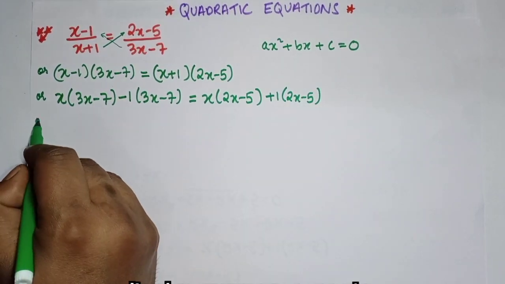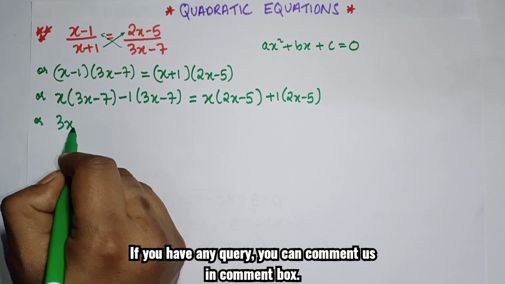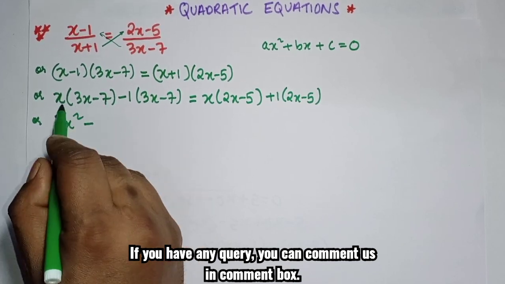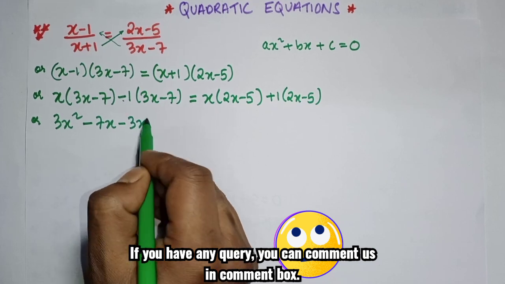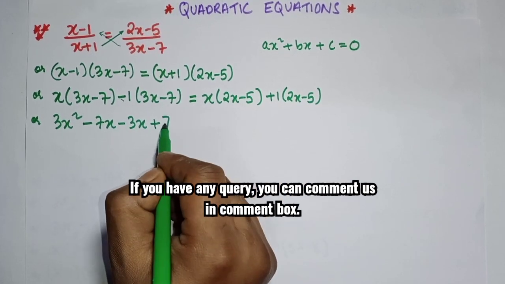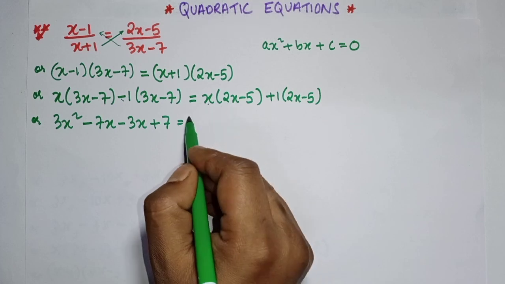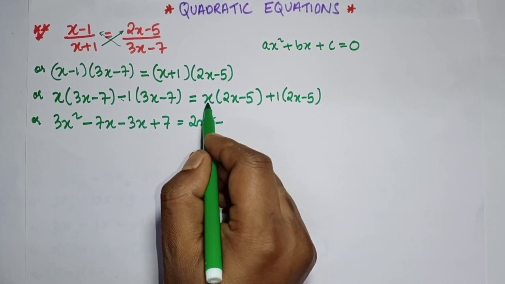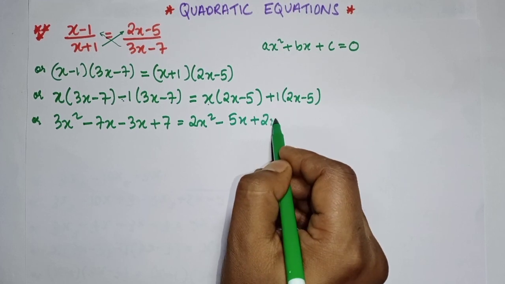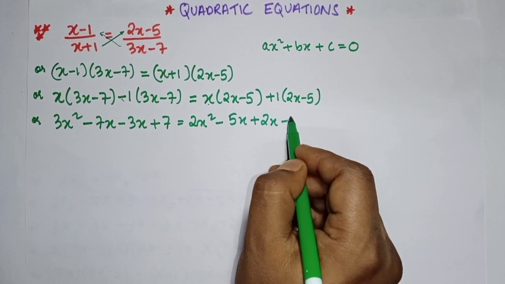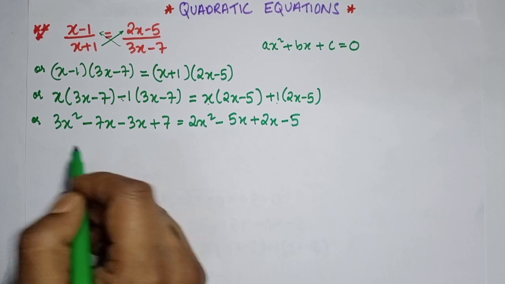Now let's do the expansion. x into this, 3x square minus x into 7, 7x minus plus minus 3x minus minus plus 7 equals to, now this into this, 2x square minus x into 5, 5x plus 1 into 2x, 2x plus minus minus 1 5 is a 5.